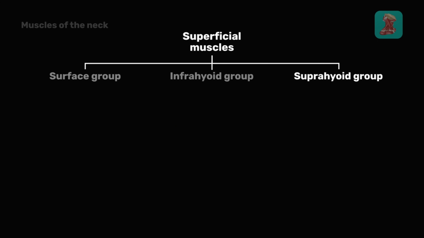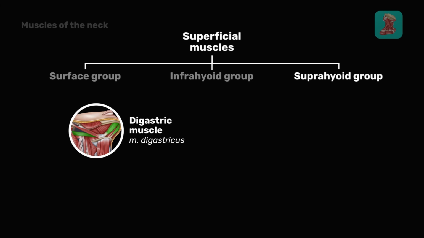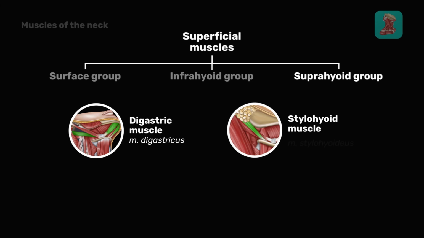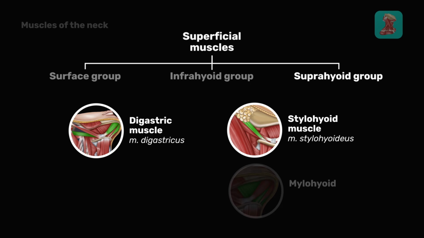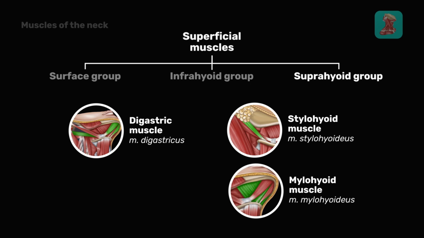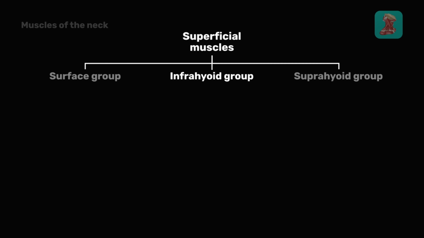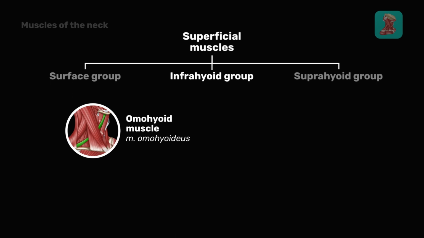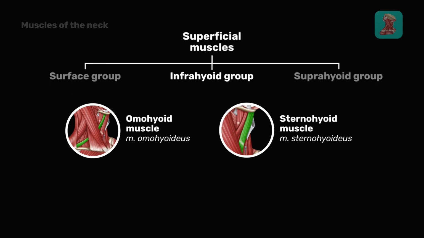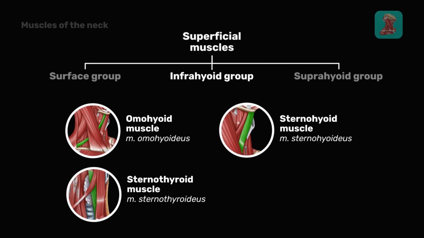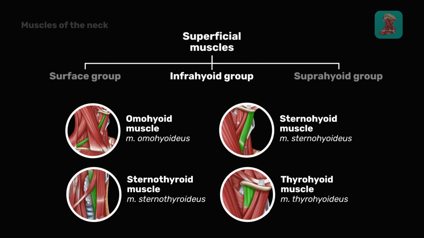The suprahyoid group includes the digastric muscle, the stylohyoid muscle, the mylohyoid muscle, and the geniohyoid muscle. The infrahyoid group includes the omohyoid muscle, the sternohyoid muscle, the sternothyroid muscle, and the thyrohyoid muscle.